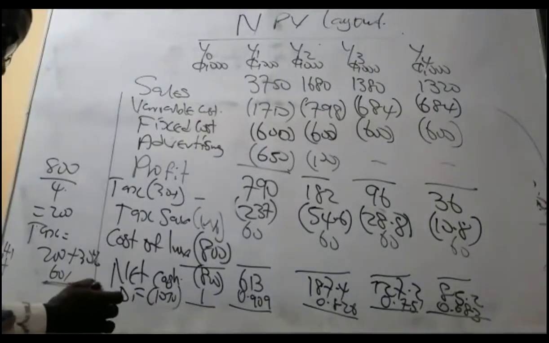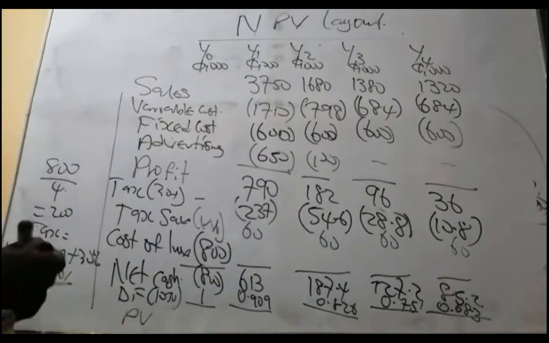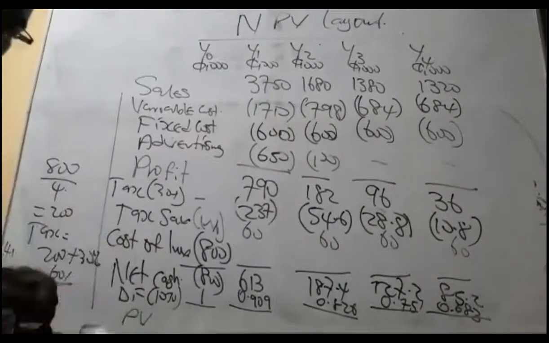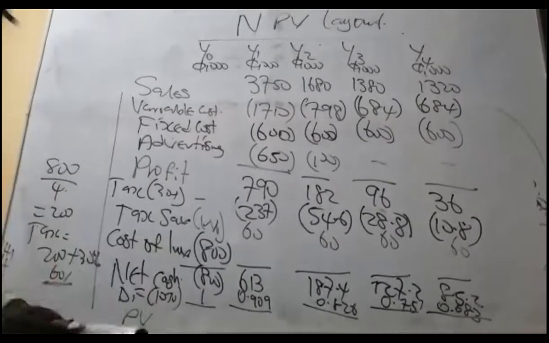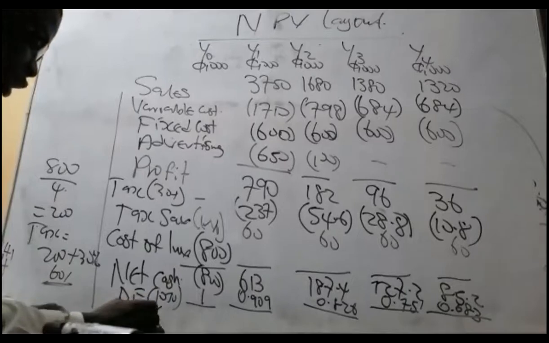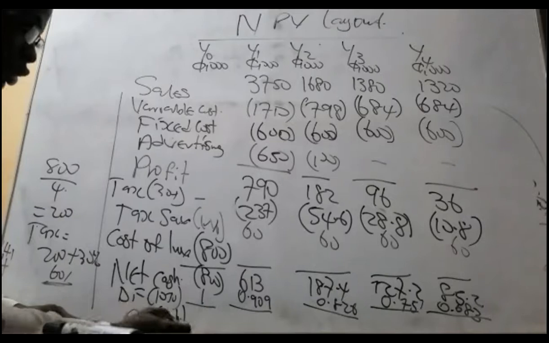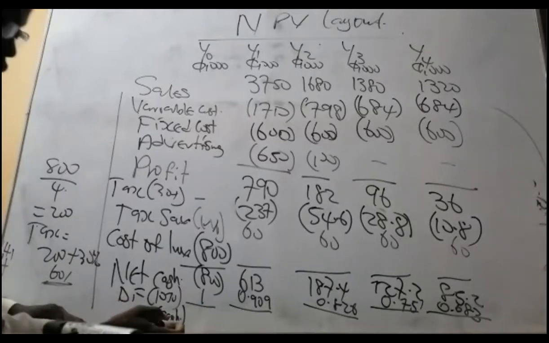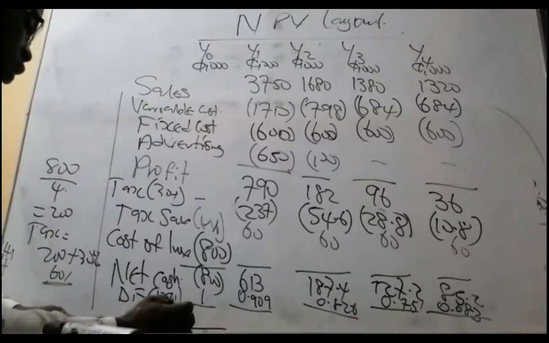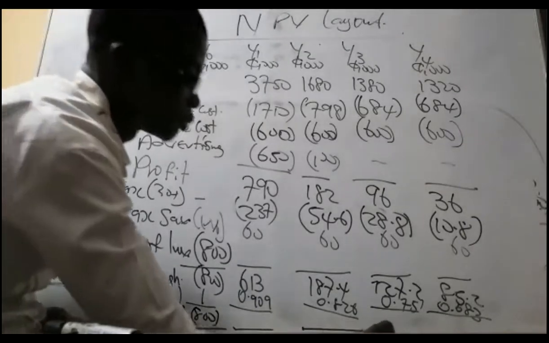So let's see. What's the present value? So PV of cash flows will be 800 negative, this times this.